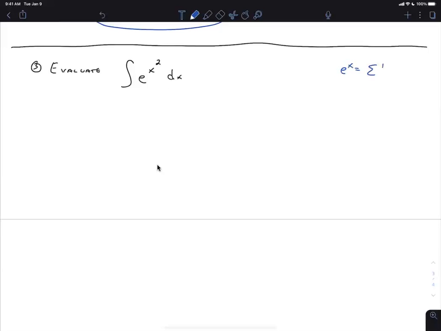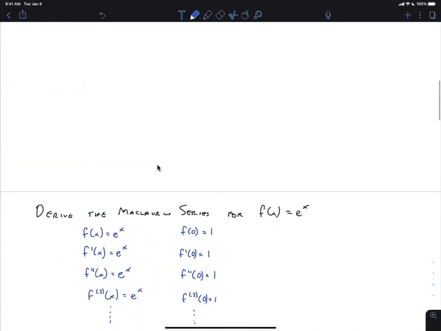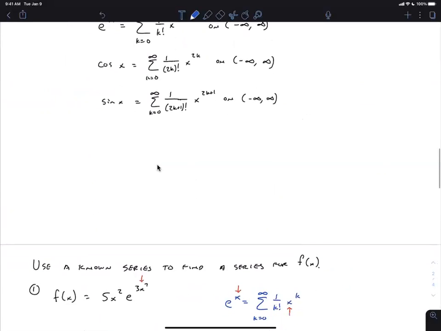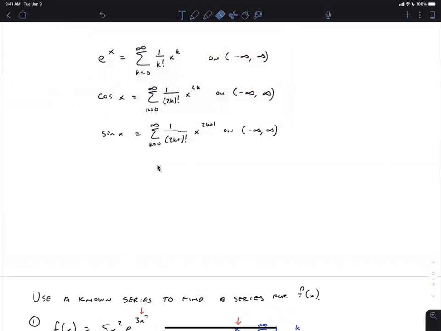So we know that e to the x is the same thing as the sum of 1 over k factorial x to the k from k equals 0 to infinity. And you know what, real quick, I want to make sure that is what I wrote up here. And what was it when we did that summary? Yeah, okay, I did. I thought for a second this is what I did wrong. Back up here, these are negative 1 to the k over these, which is what I've been using.